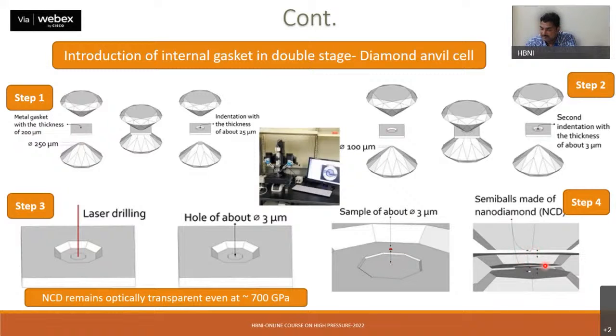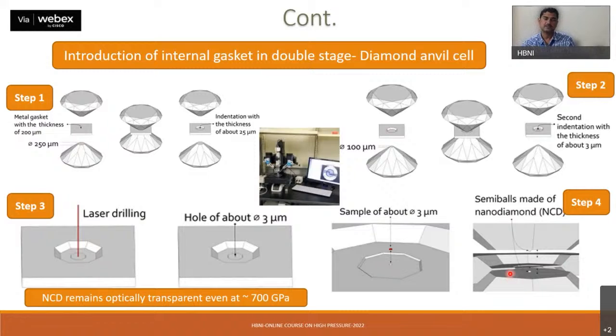And in step 4, this whole thing is sandwiched between the primary anvil of the larger size, like 100 micron culet size, with the bevel end. Thus they are able to achieve very high pressures, and with this they did the equation of state of gold up to 1065 GPa using the ESRF synchrotron source.